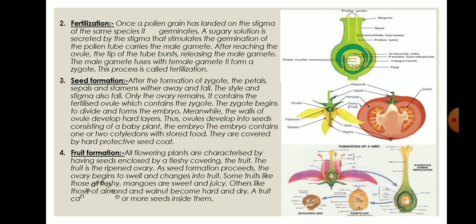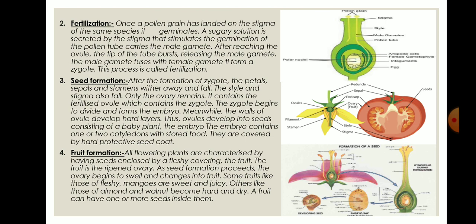The zygote begins to divide and form the embryo. Meanwhile, the wall of the ovule develops into hard layers. Thus, the ovule develops into seeds consisting of a baby plant. The embryo contains one or two cotyledons with stored food. They are covered by a hard protective seed coat.